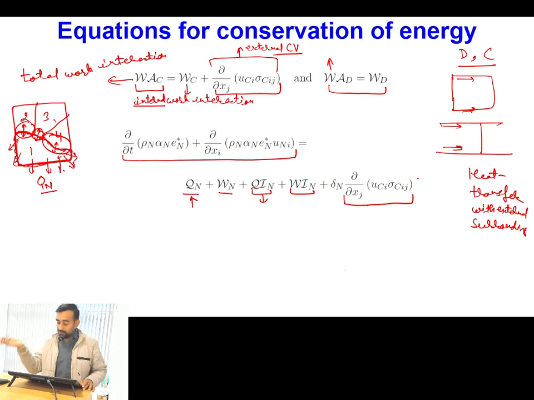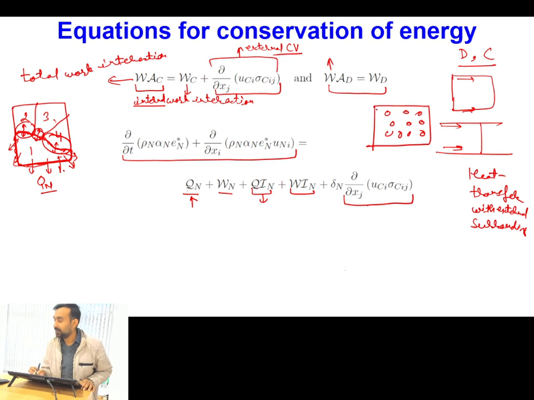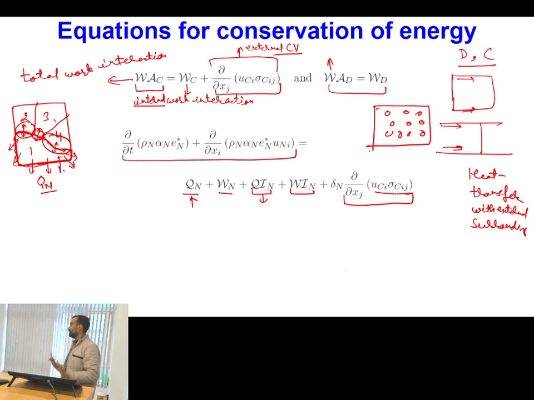Continuous phase, because our initial assumption was that all the dispersed phases are not present at the boundary. At the boundary only the continuous phase is present. So this will be only applicable for the continuous phase. Are all clear with this point or not?